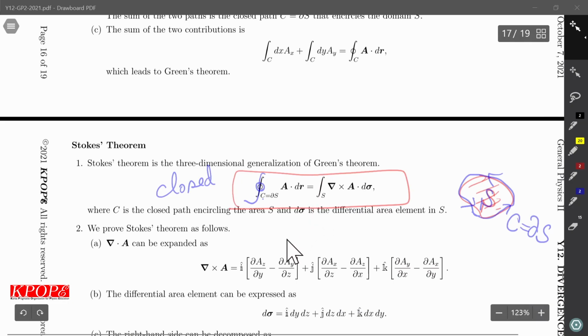So today we have learned two important theorems.